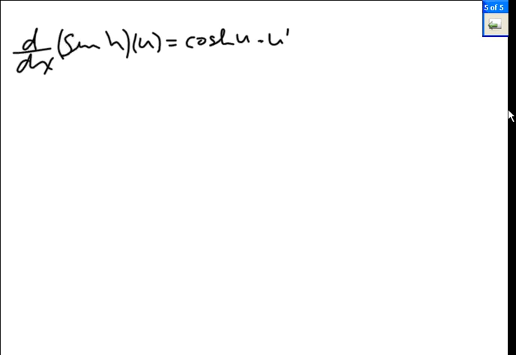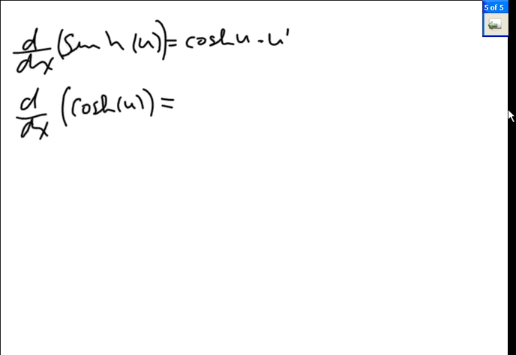Recall the derivative of sine of u is cosine of u times the derivative of u. Here it's going to be slightly different, not much. The derivative of the cosh of u, I'm taking the derivative of the cosh of u.